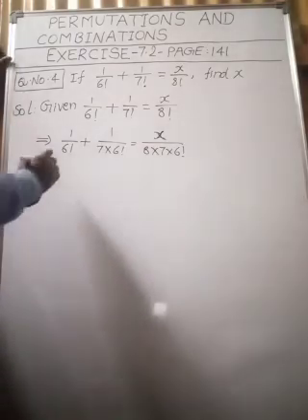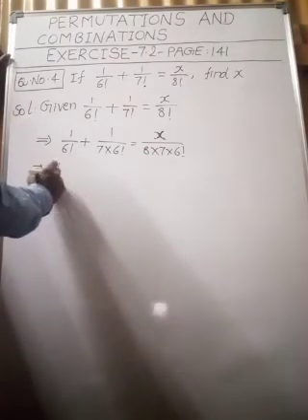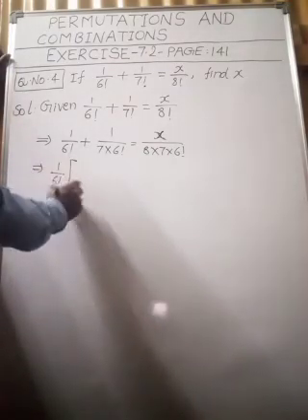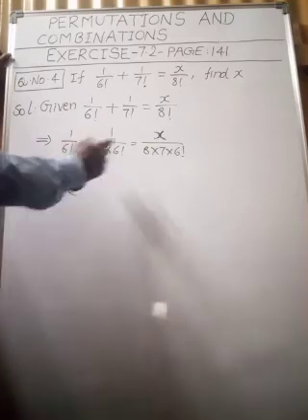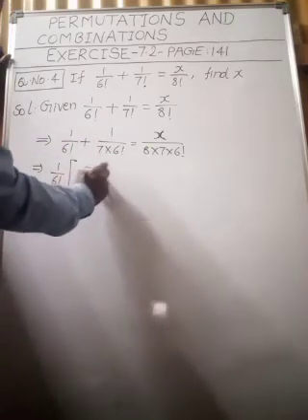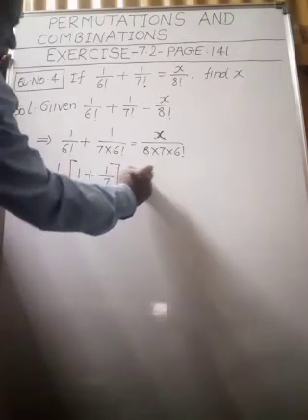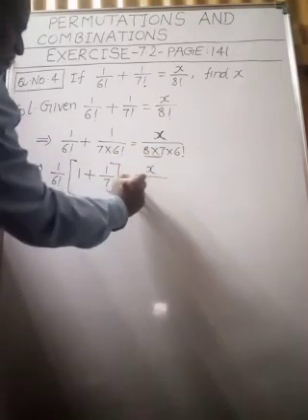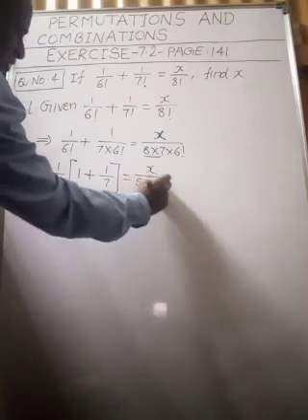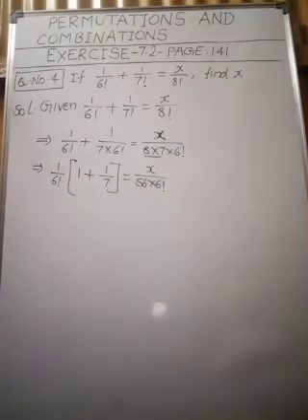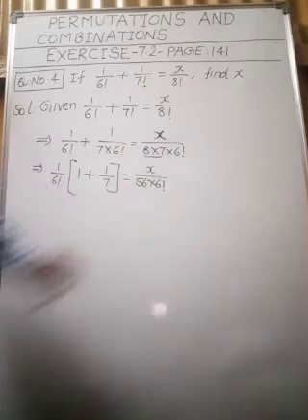Right. Here 1 by 6 factorial is a common factor. From these two numbers we can take 1 by 6 factorial common. Then what we get? 1 by 7. 1 plus 1 by 7 is equal to x by 56 into 6 factorial. 7 eights are 56 into 6 factorial.